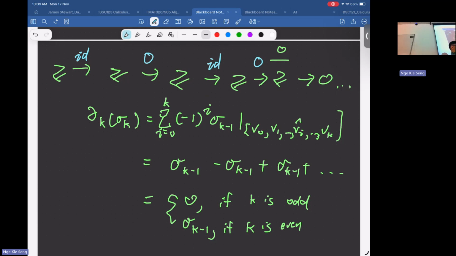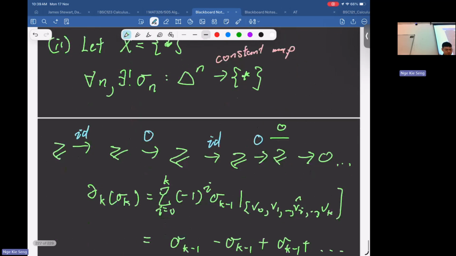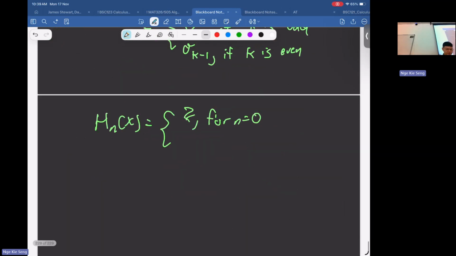But the image before is also Z. So what you get is H_n will be equal to Z only at n equals 0, because at this place, the kernel is Z, the image is 0. Okay, so you get H_0 equals Z over 0, which is Z.